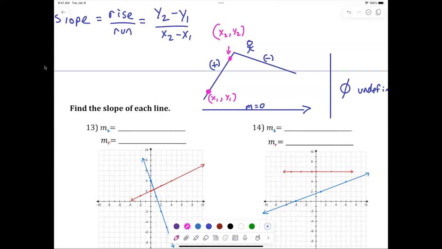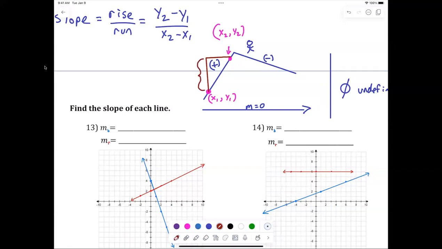All right, so there's a lot going on. Now what I want to do is show you how someone would calculate the slope. The slope is a ratio. It's the distance that you go up divided by the distance that you go to the right. Now, how do I calculate this distance right here?